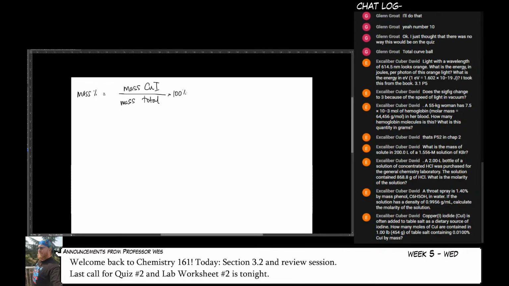So I know what the percentage is, and I know how much total I have. So if I want to solve for this mass, that would be mass percent times the mass total divided by 100%. And that would be the mass of copper iodide.